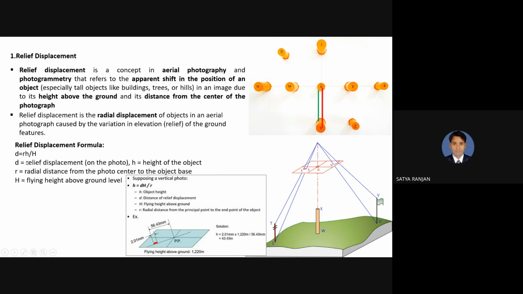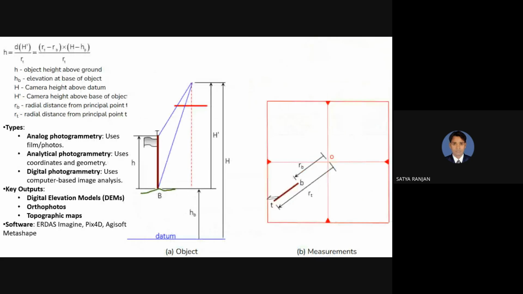This is one of the formula. So how to calculate the relief displacement? Based on the height of the object and the radial distance of the photo and flying height, we can calculate the relief displacement. This is the detail of the relief displacement calculation.